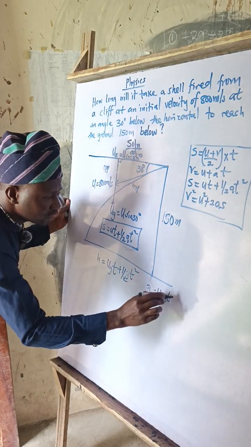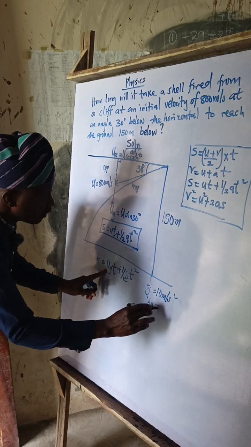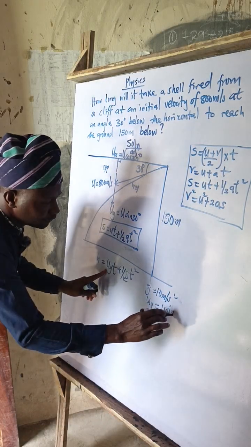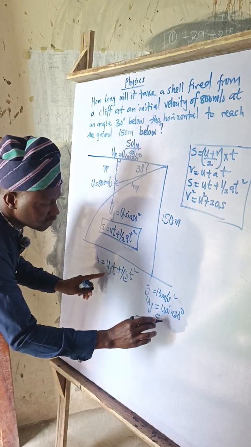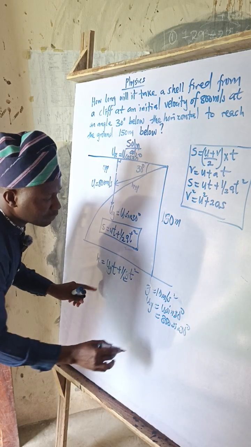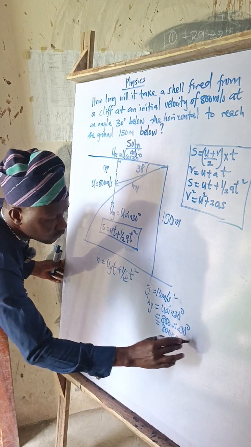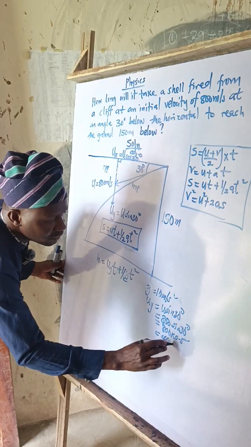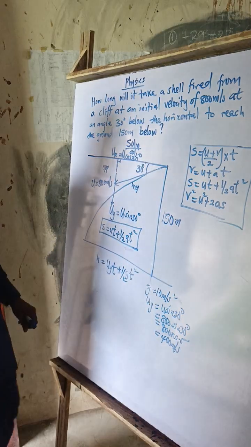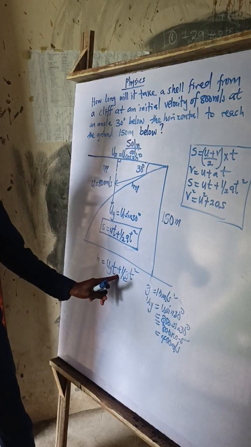Now, we are given u, then from u we can get u_y. u_y equals u sine 30 degrees. And u is 800 meters per second, then sine 30 degrees. That implies we have 800 times sine 30, which is 0.5. When you simplify, you are going to have 400 meters per second. Now, let's substitute these values into this given equation.